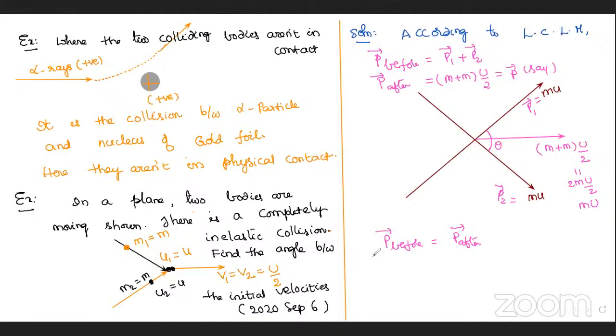In vector form, P before is P1 bar plus P2 bar, which is equals to P after. I took it as P bar. So if you take the mod of those two, mod of P1 bar plus P2 bar is equals to mod P bar.